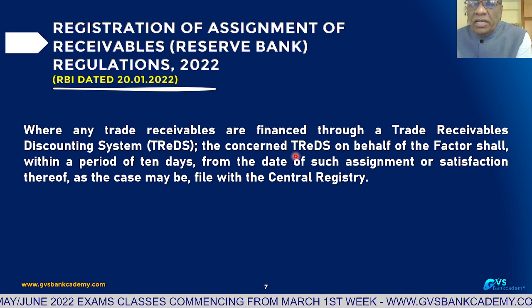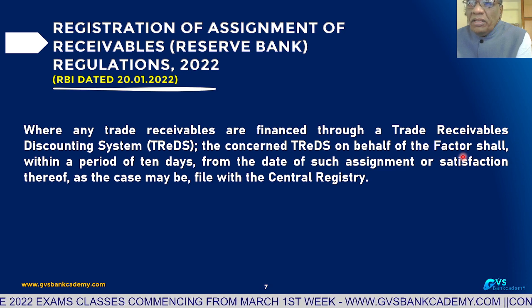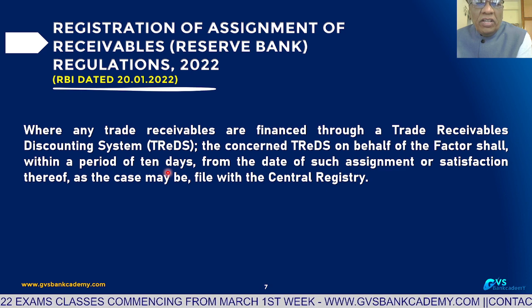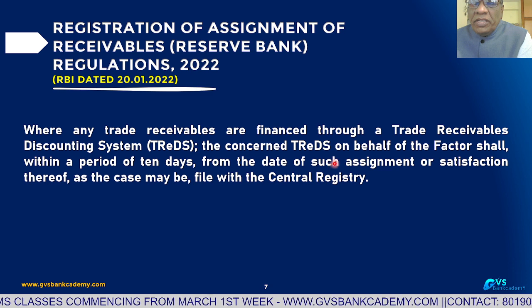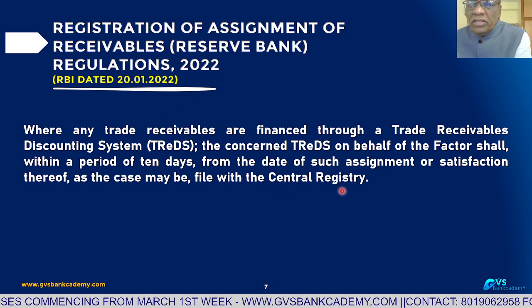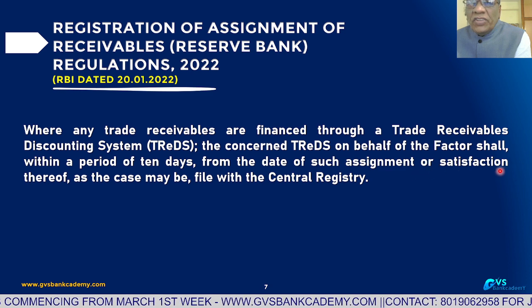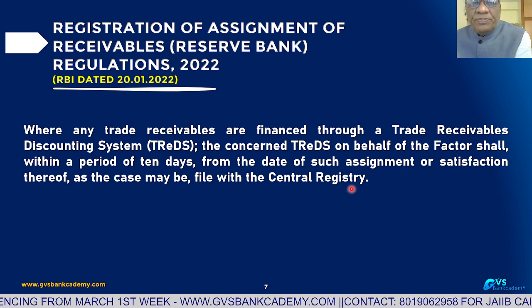The concerned TREDS exchange, on behalf of the factoring company, shall within a period of 10 days from the date of such assignment register with the central registry, or even after satisfaction, they have to inform the central registry within 10 days.